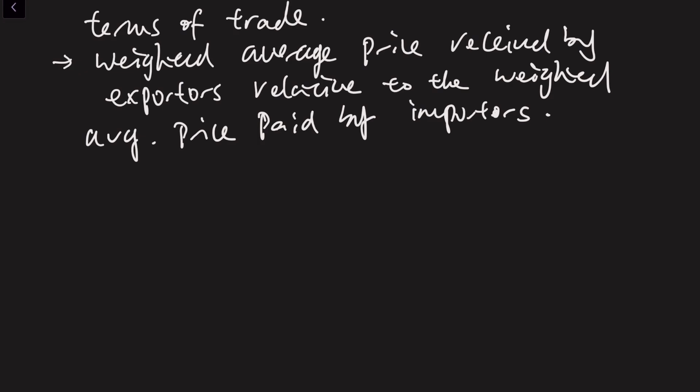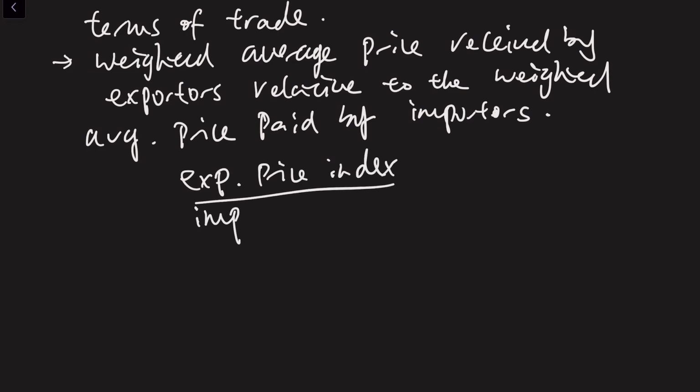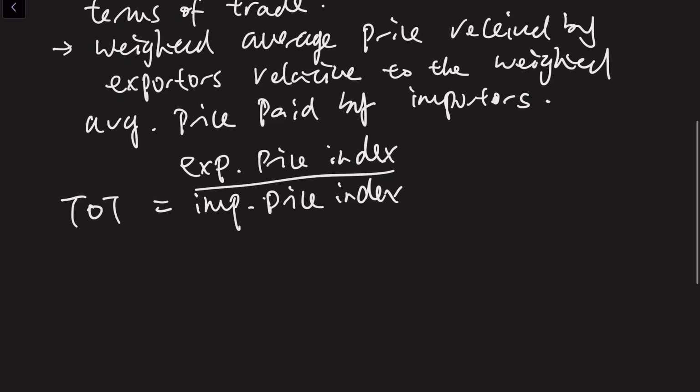So it is calculated as the export price index divided by the import price index. So terms of trade, TOT. So this is how you calculate terms of trade.